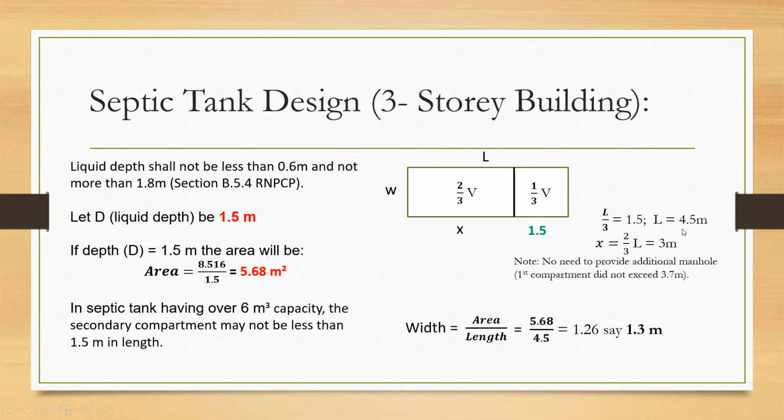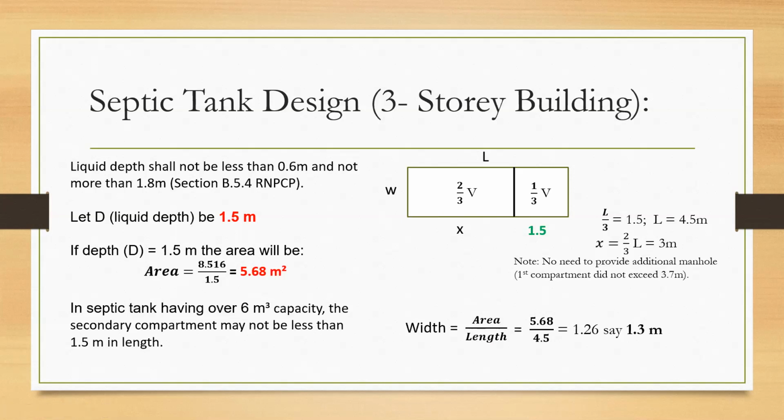L is equal to 4.5. Now, if L is x plus 1.5, makukuha ko na yung value ng x. So it is simply as 4.5 minus 1.5. O di kaya, the ratio is 2/3 of L. Ilagay ko yung value ng L dito, multiply ko lang ng 2/3, pareho lang po, 3 meters.